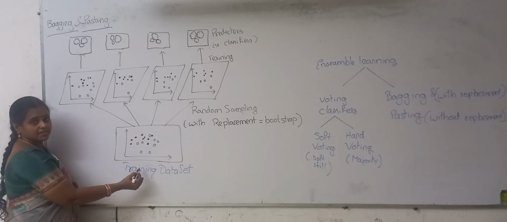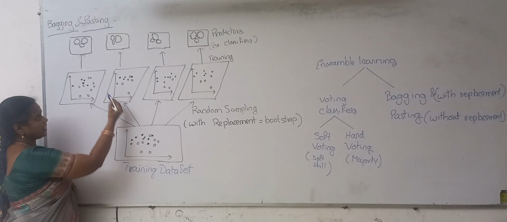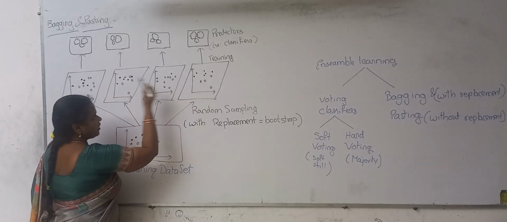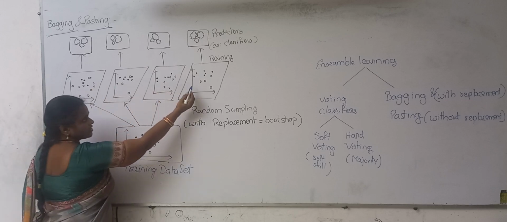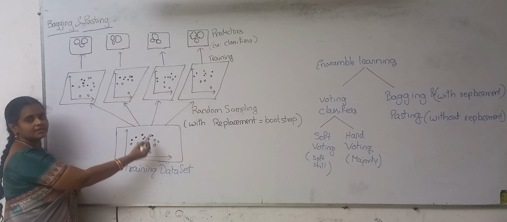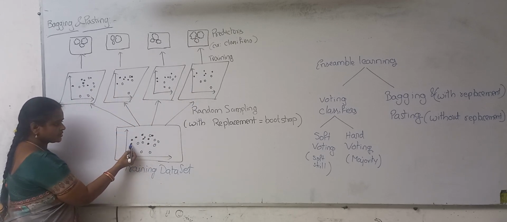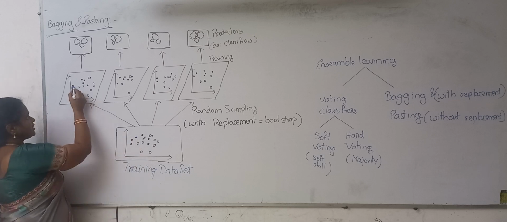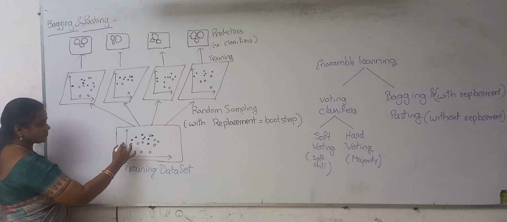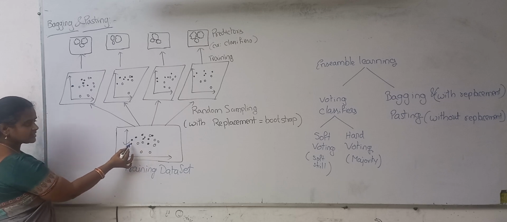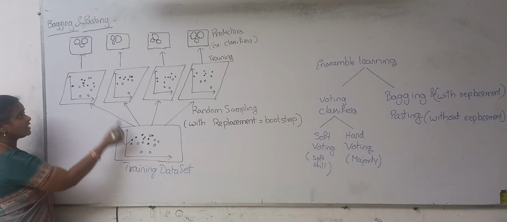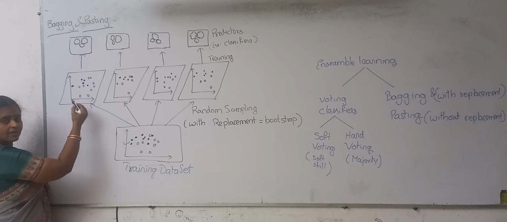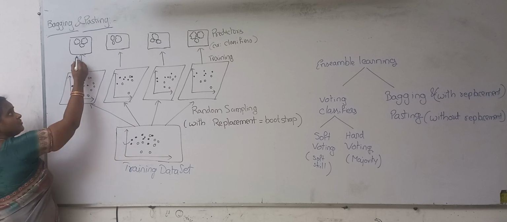In this training data set, observe the figure, all these four are parts of this entire training data set. If you observe these darkened circles, here you have selected only one. This one darkened sample has been given as a random training set to classifier 1.